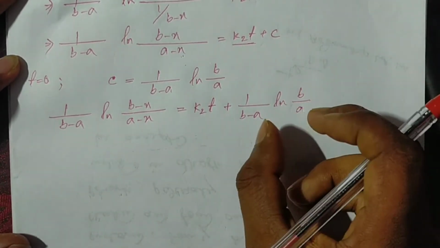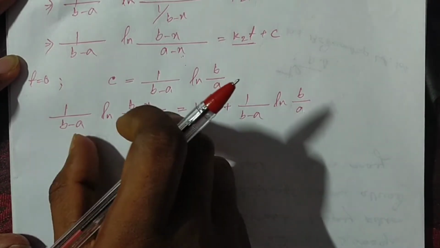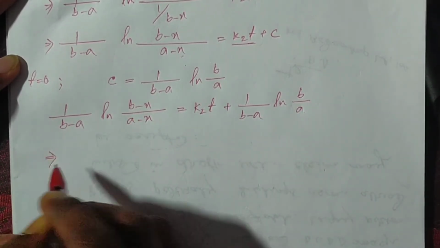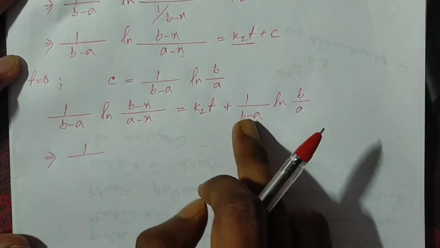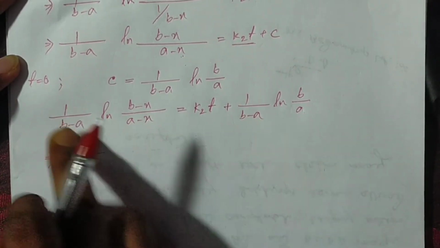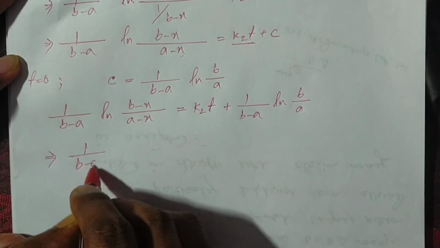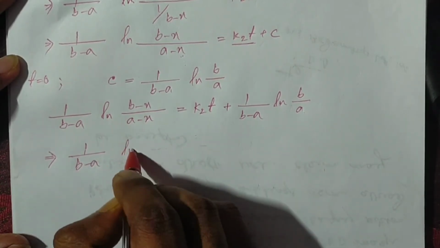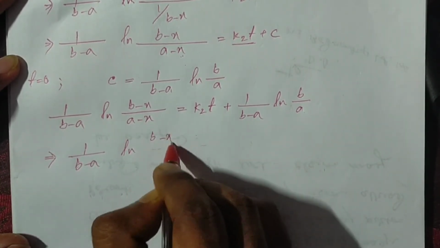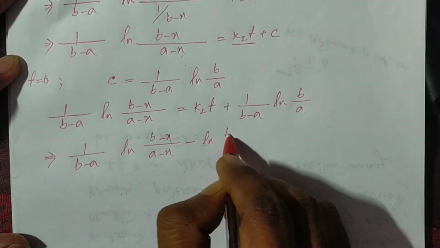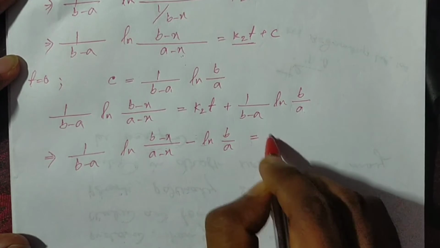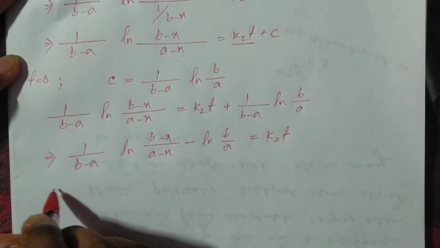So we will bring this part to here. So here we can write 1 by (b minus a) as common, and ln (b minus x) by (a minus x) minus ln b by a. So here it will be k2t.